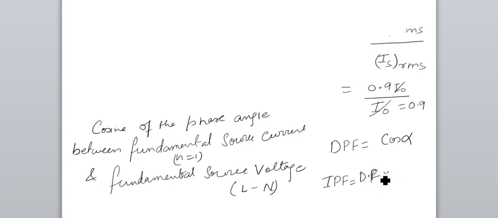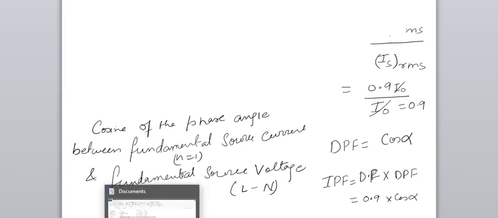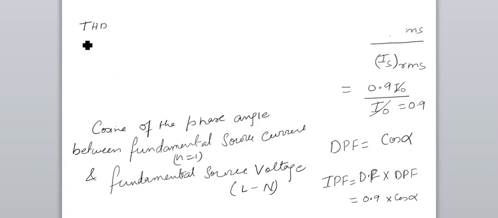So input power factor will be 0.9 multiplied by cos alpha. So this is my input power factor.